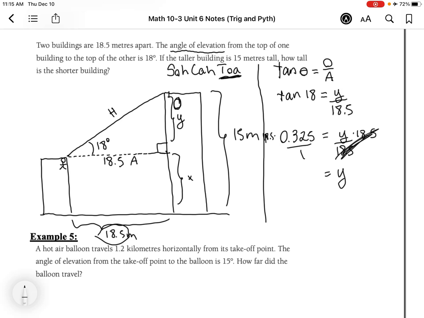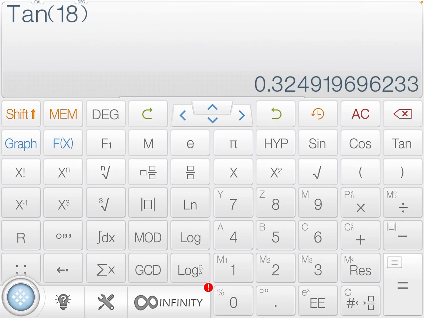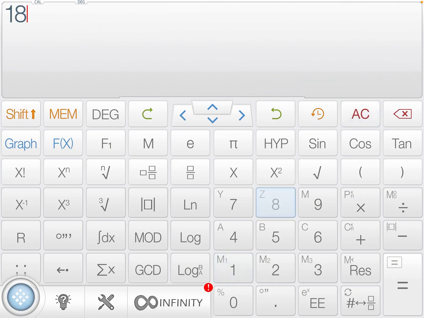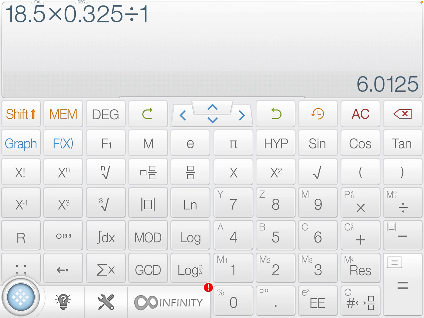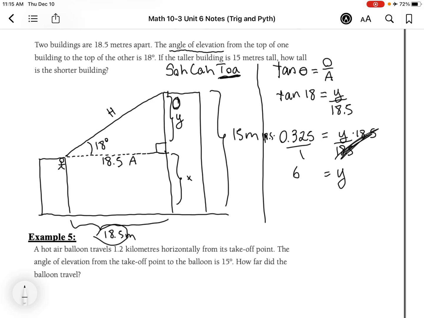So I'll enter that into my calculator to get y. 18.5 times 0.325 divided by 1. And I get 6.01. So 6.01 to the nearest tenth is just 6.0. Okay, so I'm going to write that as 6.0 meters.